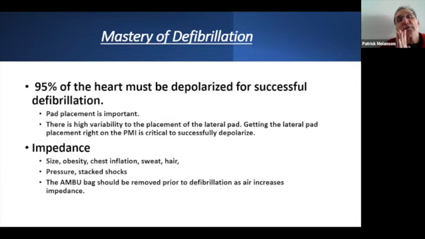In terms of defibrillation, if you're getting a shock resistant situation, whether it's cardioverting atrial fibrillation or defibrillating VFib, 95% of the heart has to be depolarized for successful defibrillation. That means that the pad placement is very important, and the vector between the 2 pads is very important.